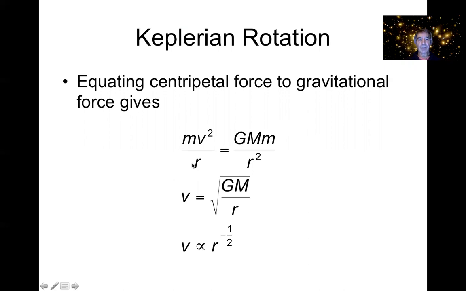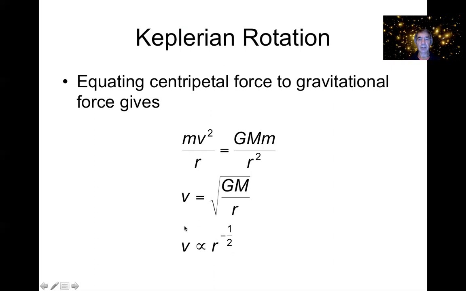If you make v the subject of this formula, then if most of the mass is inside your radius r, your velocity should fall as 1 over the square root of r. This is referred to as Keplerian rotation. It's exactly how the planets in our solar system orbit.